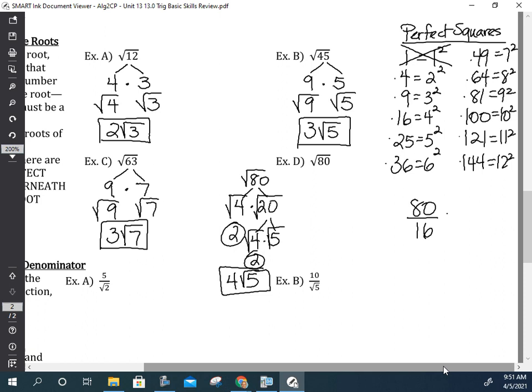80 divided by 16 is 5. Square root of 16 is 4. 1 step. Now, does it matter which way you do it?